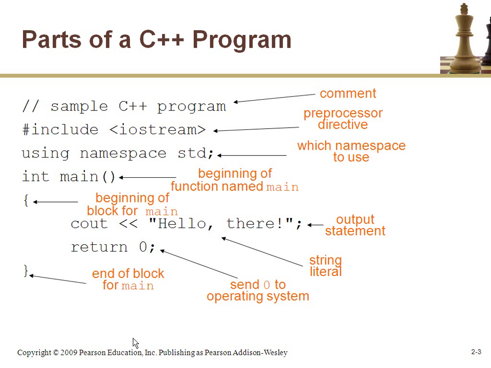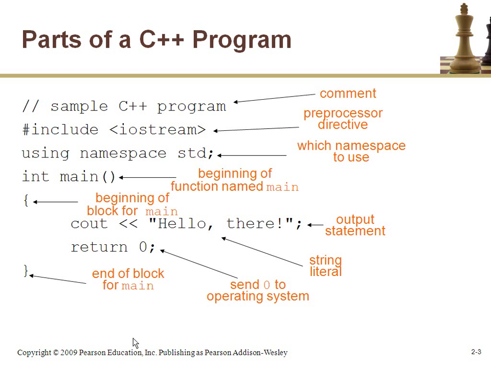In this example, we write a C++ program that would display on the screen, "Hello there." This program is from your textbook. You can refer to it and look at it. You can even code it as an executable program and execute it.